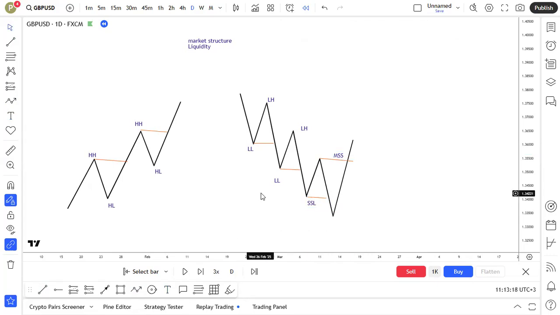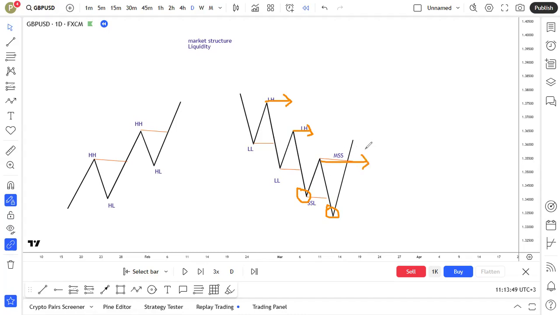Why? Because when price broke this previous lower low, we expected price to continue going down. After breaking this lower low and forming this new lower low, we expected price to keep going lower, but we didn't see that. Price is not supposed to break these lower highs when we are bearish. Never should price break these lower highs if we want to see a bearish market.